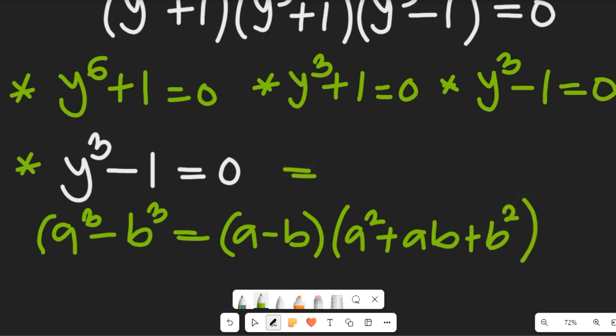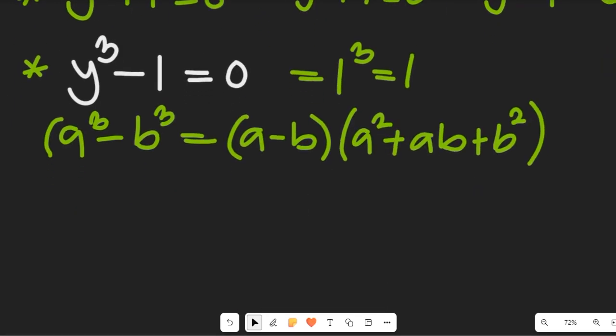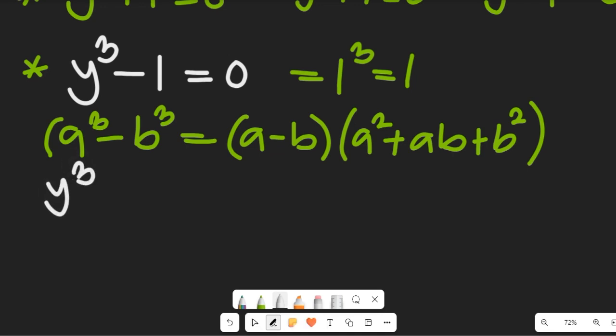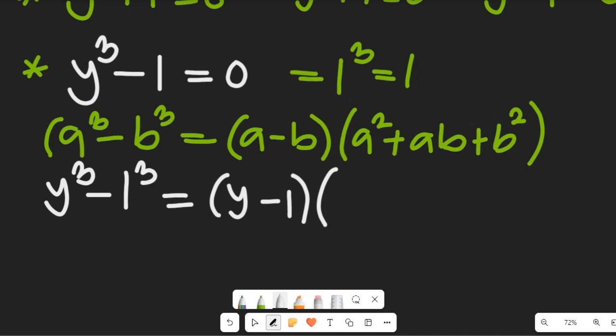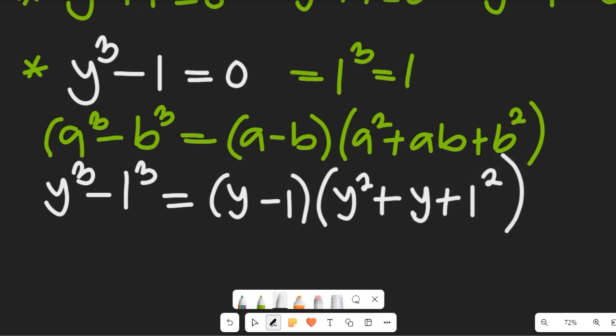So from this expression we can see that 1 can be raised to the power of 3 because 1 to the power of 3 is 1. So that expression can simply give us y to the power of 3 minus 1 to the power of 3 equal to y minus 1, all multiplied by y squared plus y plus 1 squared, and all this will be equal to 0.